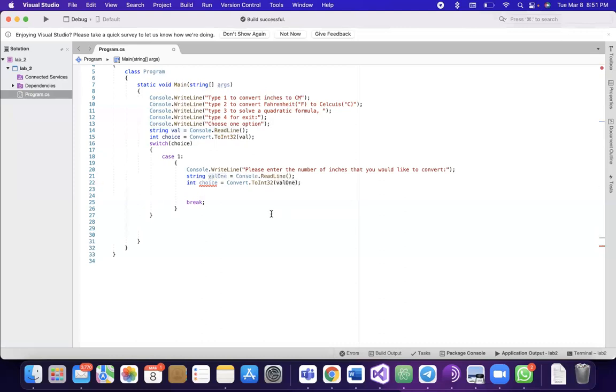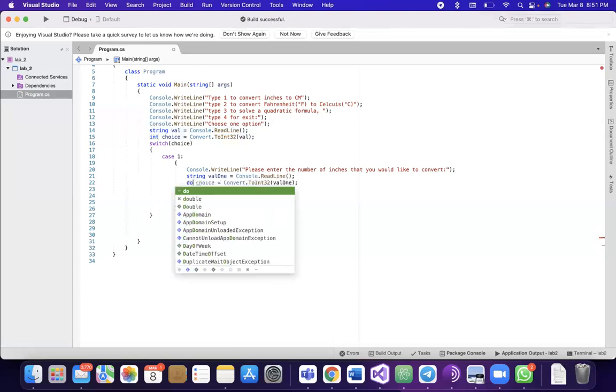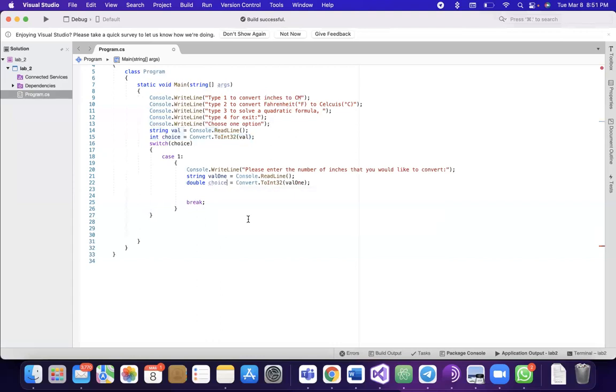Yeah, I think double would be the best choice, because it's inches. We'll try double. Okay, so now that we have choice one, we can use inch. Double inch. We can use the word inch for it just to make it a little simpler.